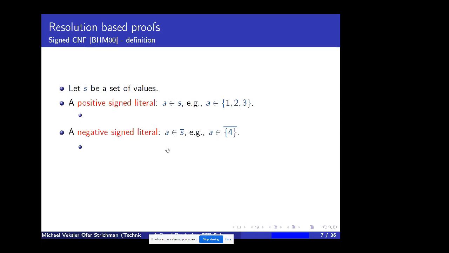A positive literal just says that a variable is in a domain, and a negative signed literal means that it's outside of the domain that is specified. Like here, for example, A cannot be 4. And a signed clause is simply a disjunction of these signed literals, like the example that appears here at the bottom of the screen.